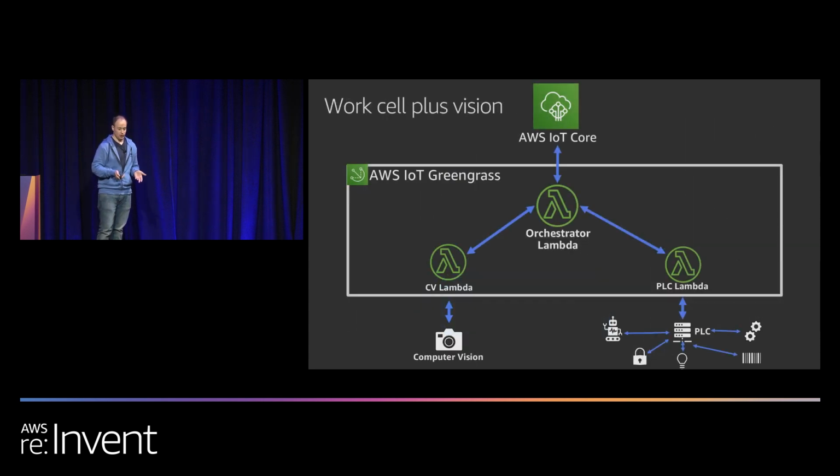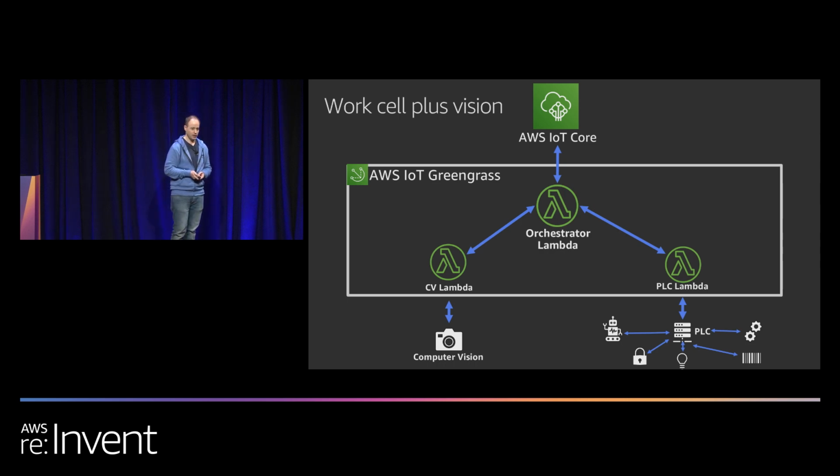For those of you who are familiar with Greengrass, it's probably not surprising that inside your Greengrass layer you have lambdas, right? Everyone here has probably heard of lambdas before, certainly in the context of running lambdas in the cloud. Same idea here. You define these lambdas and they have a main message handler as their main entry point. However, there's one key distinction in the way that we configure our lambdas for our Greengrass control layer here.